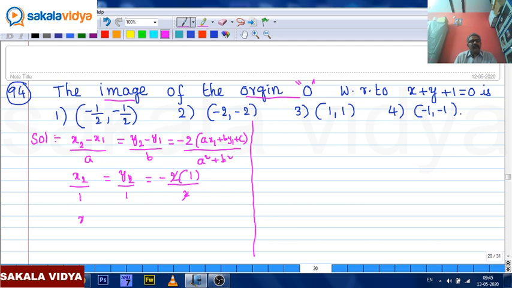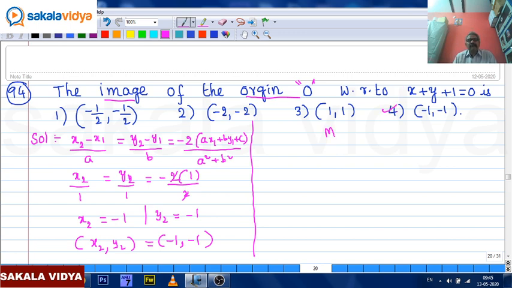So x2 is equal to -1, y2 is equal to -1. So x2 comma y2 is -1 comma -1. So this is the fourth option.